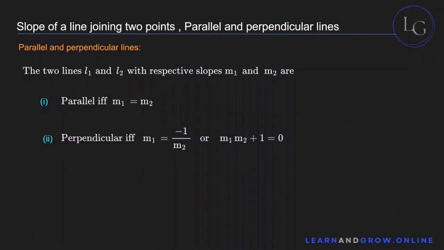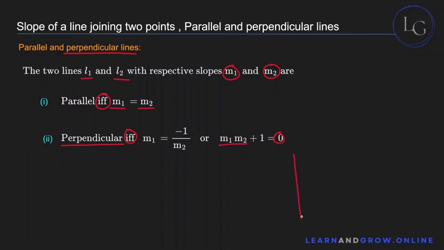Now let's see how parallel and perpendicular lines are related to each other. If you have a line L1 and a line L2 with their respective slopes as M1 and M2, these two lines will be parallel if and only if they have an equal gradient. Okay? And they will be perpendicular if and only if M1 is equal to the negative reciprocal of M2, or M1 into M2 plus 1 is equal to 0.